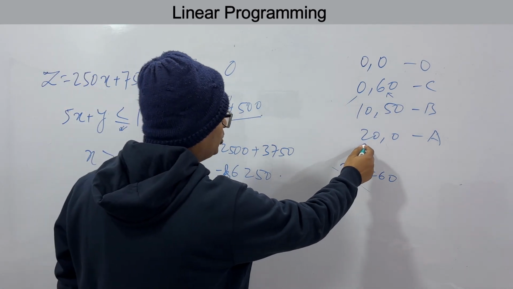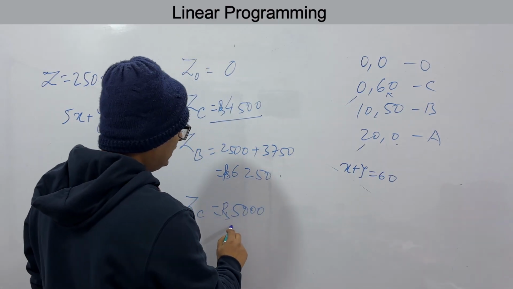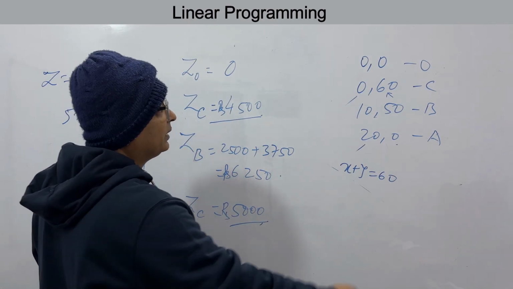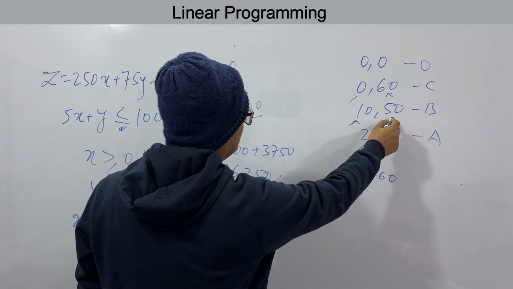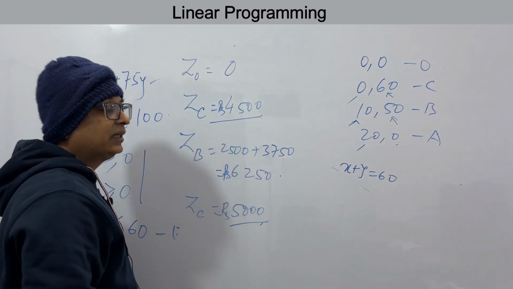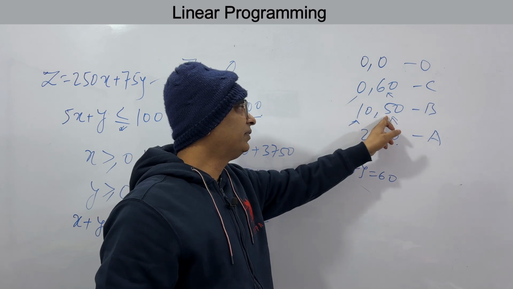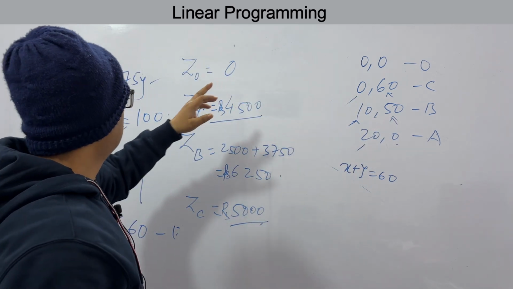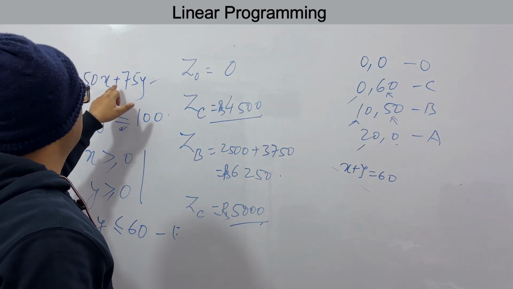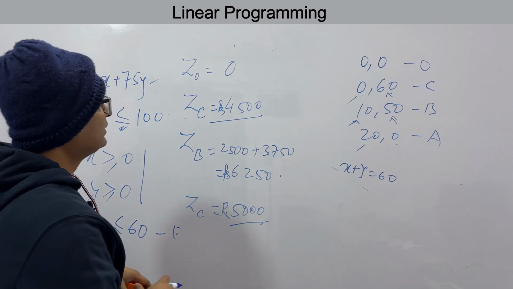If he buys 20 tables and 0 chairs, he'll get a profit of rupees 5000. But if he buys 10 tables and 50 chairs, this is our x and y, and then sells at this profit, 250 for one table and 75 for one chair, he'll get 6250.